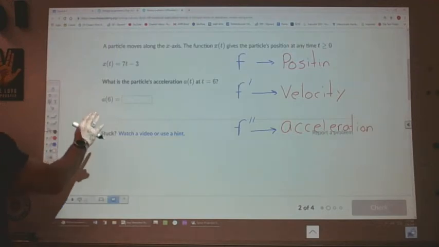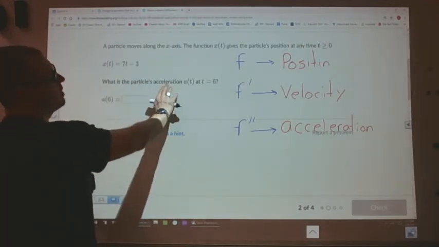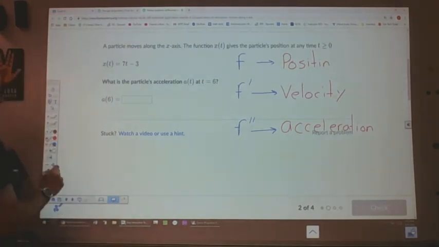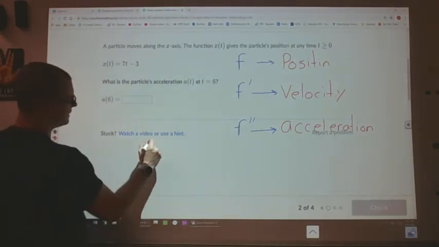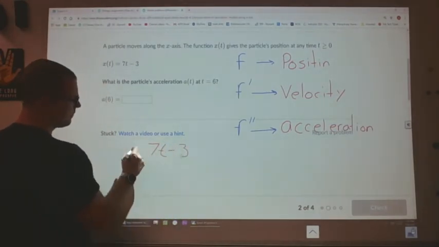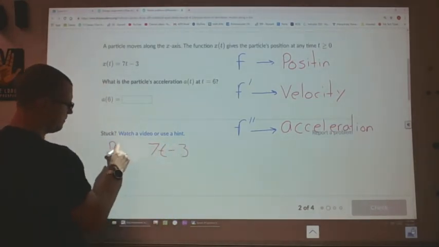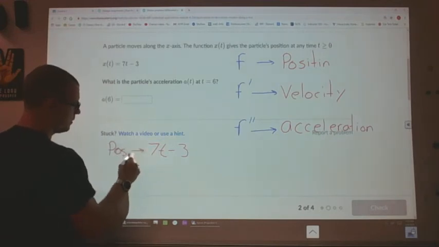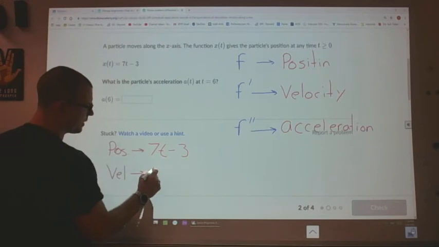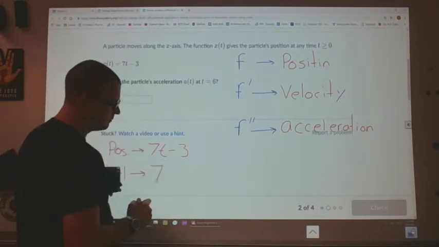So if we want to find the particle's acceleration, we need to find its second derivative. So we're going to take 7t minus 3. That's its position. We're going to take its derivative to get the velocity function, which would be 7.